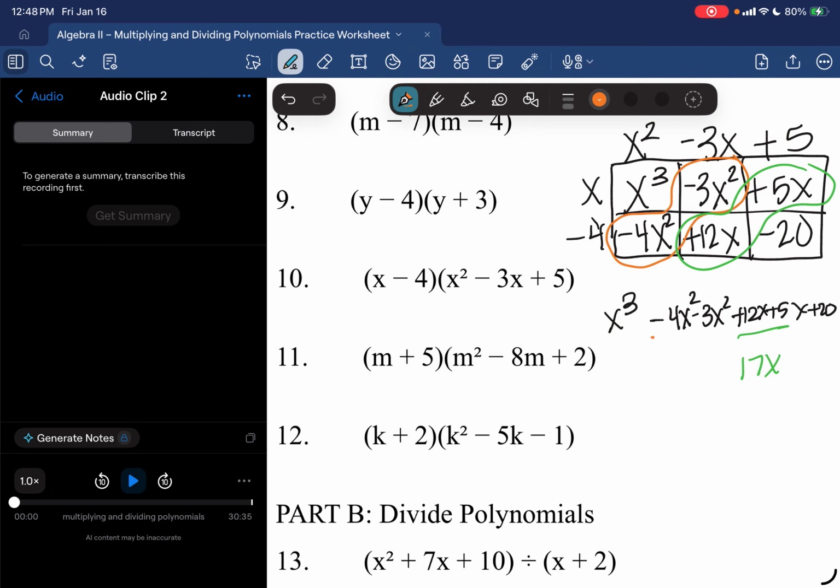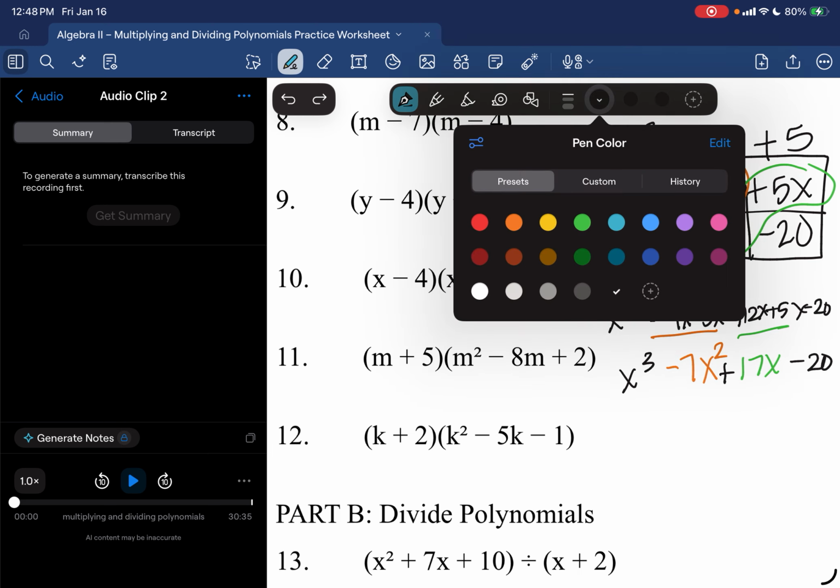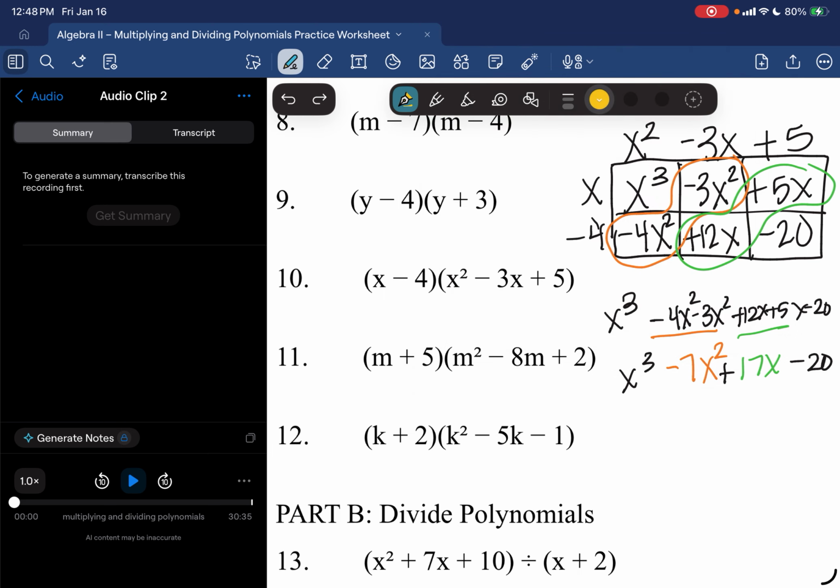Negative 4 minus 3 is negative 7x squared. Minus 20. And circle your answer. Make sure you're showing your work.